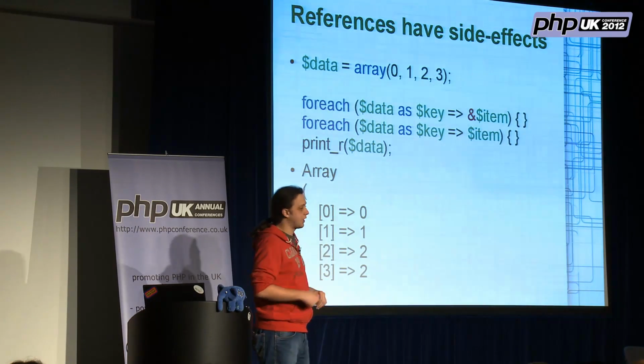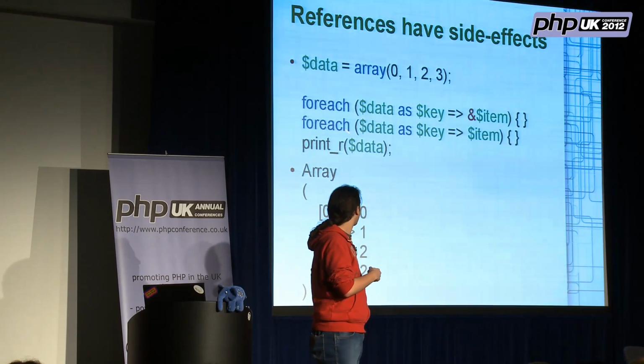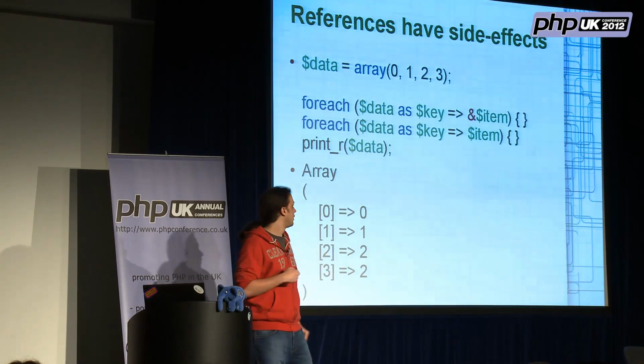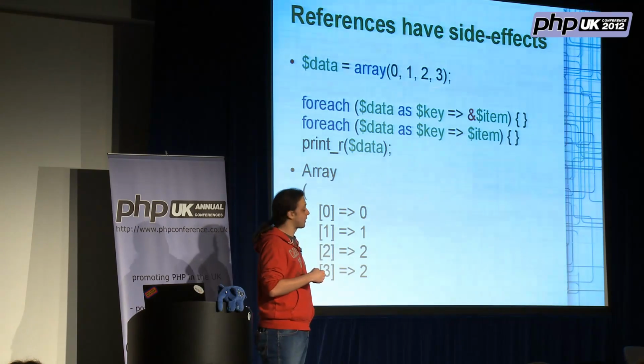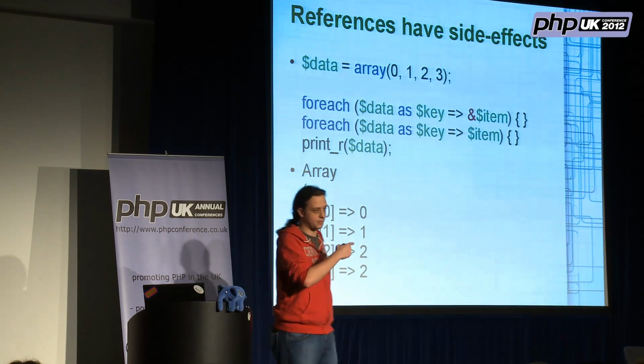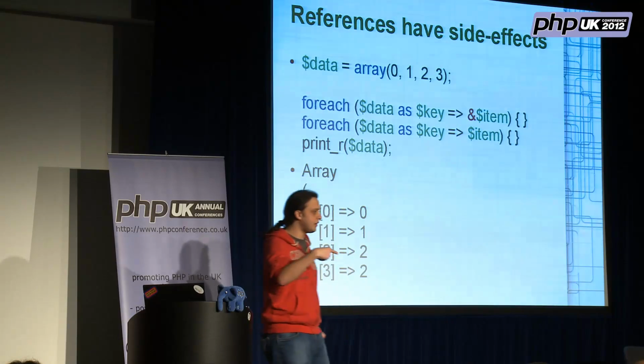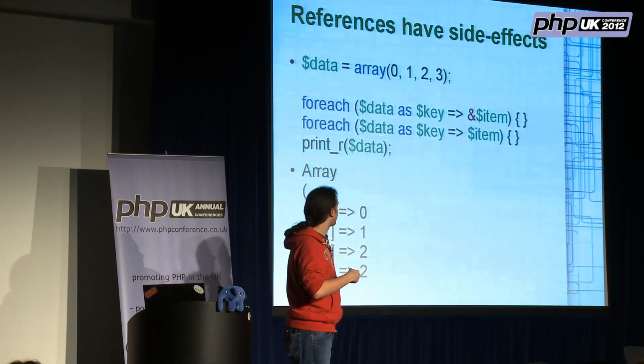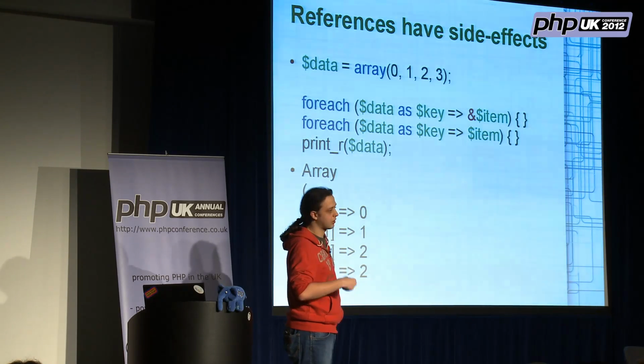And on the next iteration, on the second foreach, $item here is still a reference to the last element in this array. So for each iteration there, the current element from the second iteration will be written into $item, which is a reference to this.